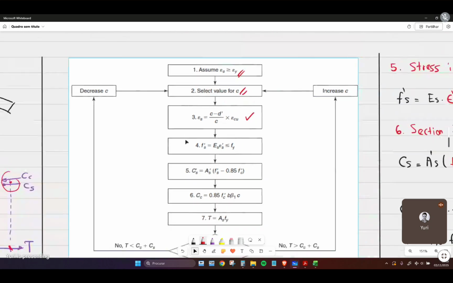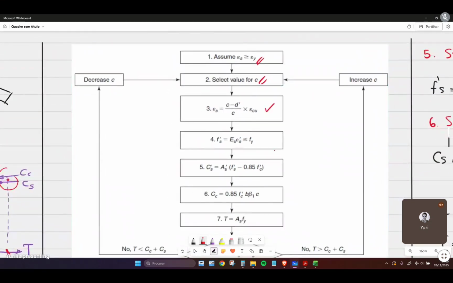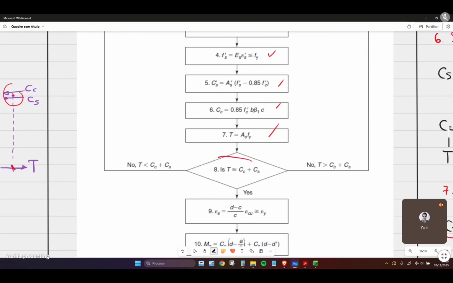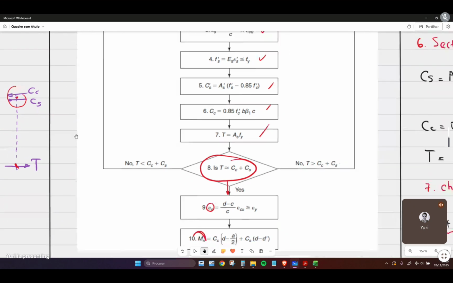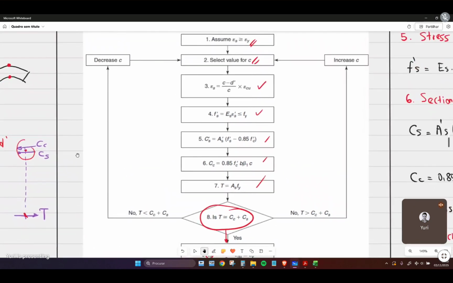After checking the deformation, we calculate the stress in the compression reinforcement, then the section forces, and then we see if we reached equilibrium. If we reach equilibrium, we officially calculate the strain in the tension reinforcement, and then we calculate the bending moment. And then what happens if we do not reach equilibrium?